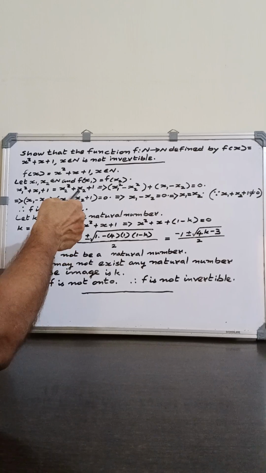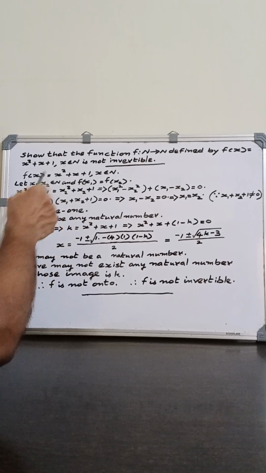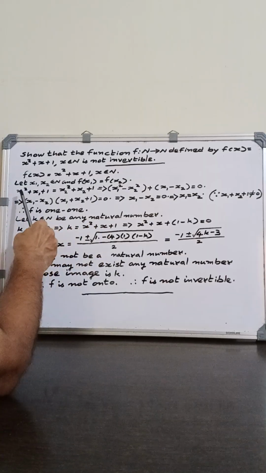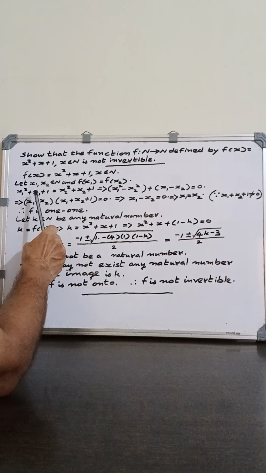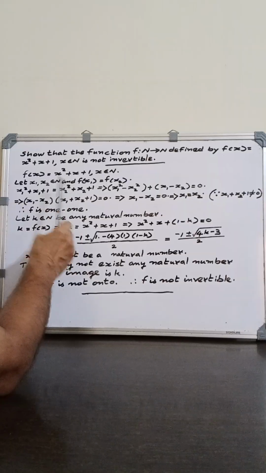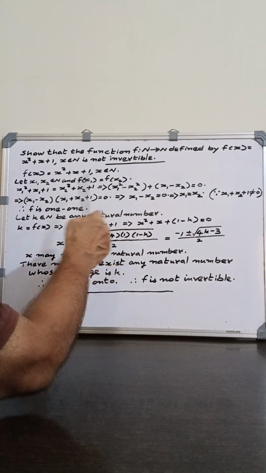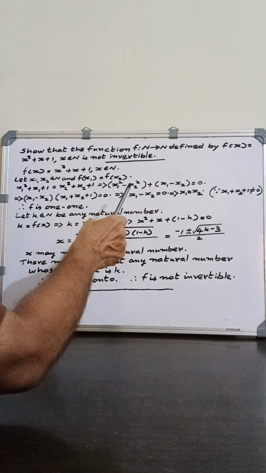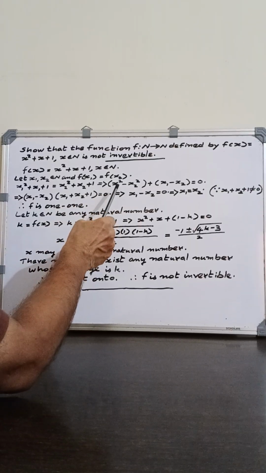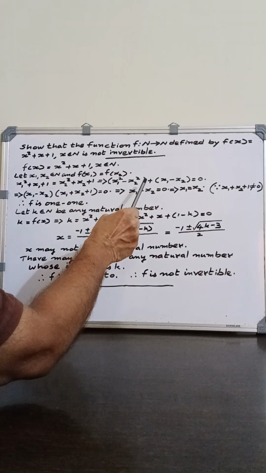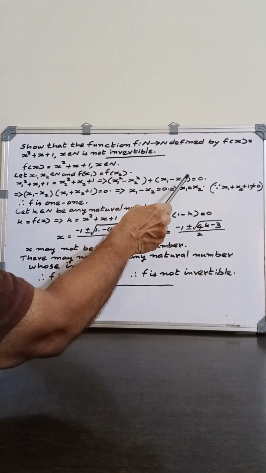Transposing all the terms on the RHS to the LHS, we get x1 squared minus x2 squared plus x1 minus x2 plus 1 minus 1 equals 0, making the RHS 0. From this we can group the like terms: x1 squared minus x2 squared as a group, plus x1 minus x2.